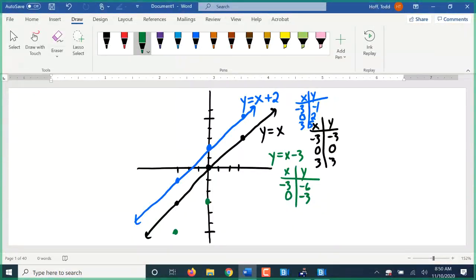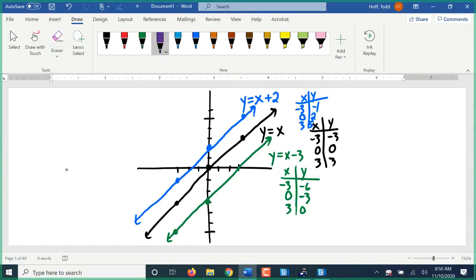Be right there. If x were 3, 3 minus 3 would be 0. That would be right there. So you get that green line. Again, it's the same angle across the graph as that original black line. It's been moved down 3 spaces. So adding or subtracting to our equation just moves it up and down on the graph.